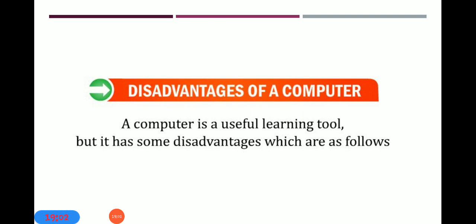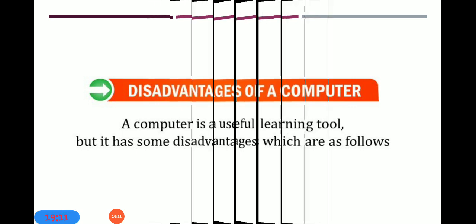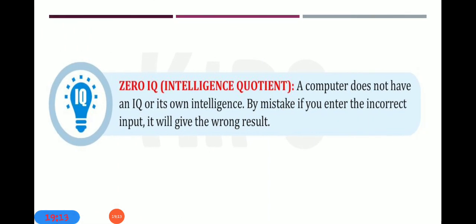Now here are some disadvantages of computer also. A computer is a useful learning tool, but it has some disadvantages, which are as follows. Zero IQ. IQ means intelligent quotient. A computer does not have any IQ. It has a brain, but no IQ. Okay? And its own intelligence, means it doesn't have its own IQ.